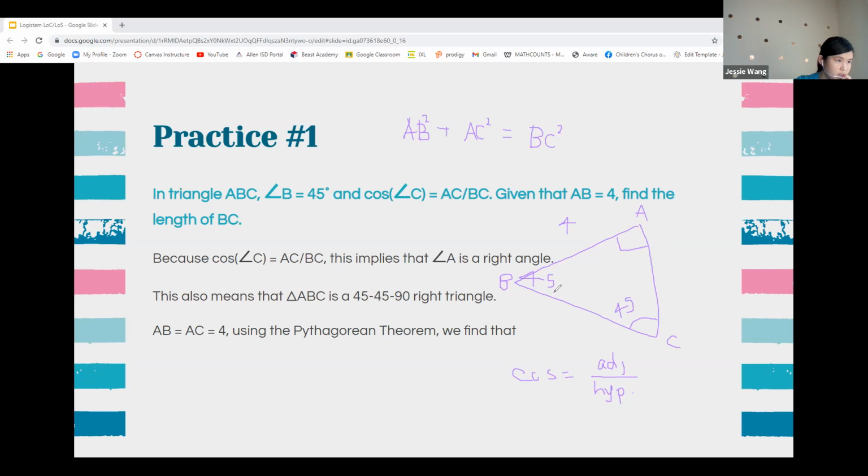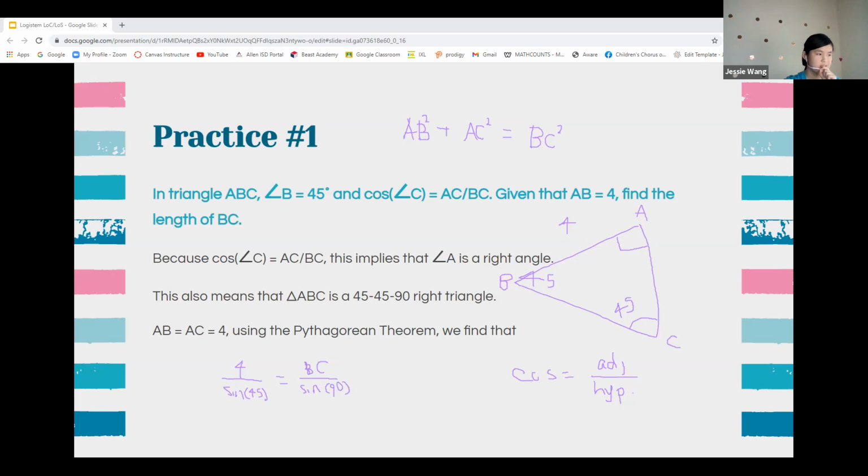Alternatively, you could have used the law of sines over here. You could have also done 4 over sine of 45 is equal to BC over sine of 90 degrees, which is angle A. And then you could have also solved it from here.